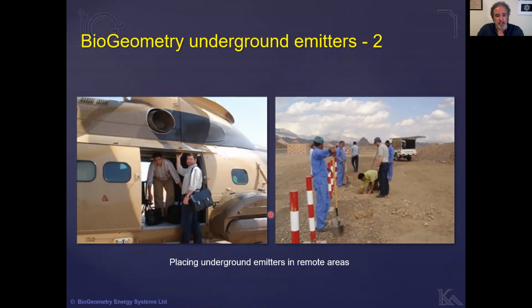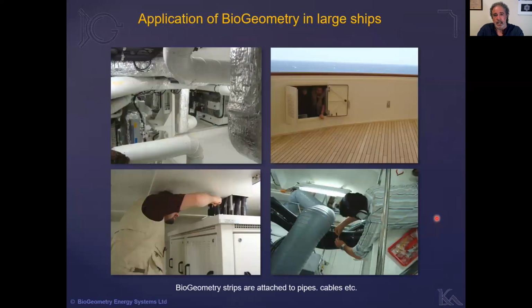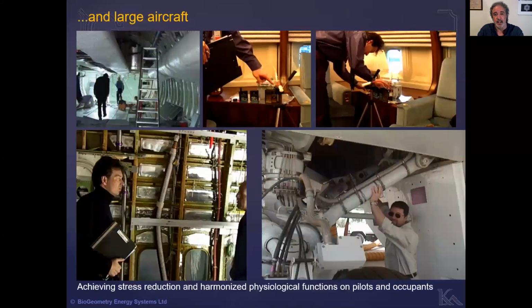Similar projects were done in the Middle East. We see Dr. Karim there, heading out on a helicopter to remote areas to put these underground emitters there. Application of biogeometry in large ships. So yes, even ships have been treated, as well as airplanes.